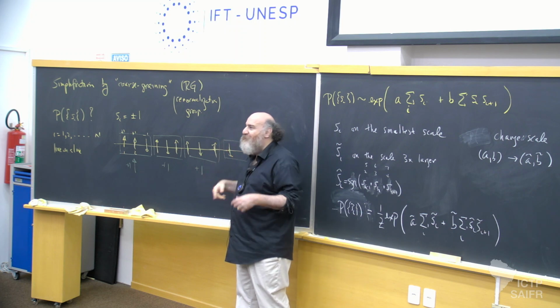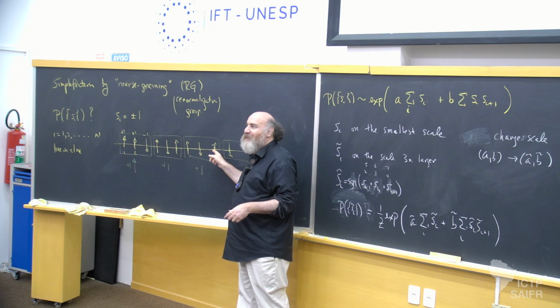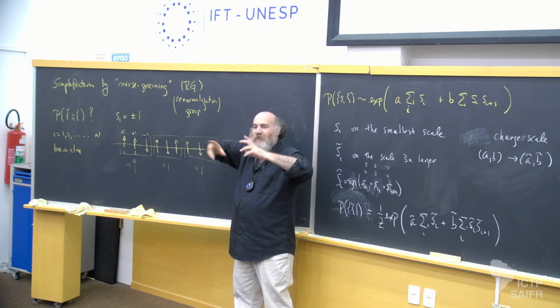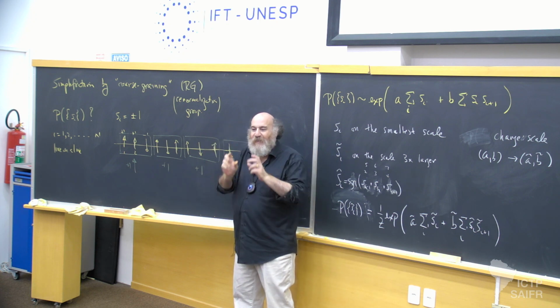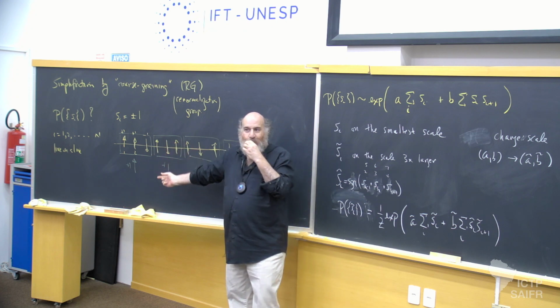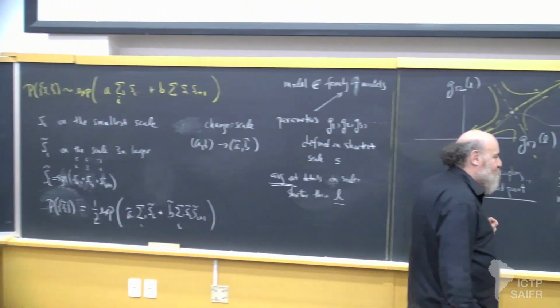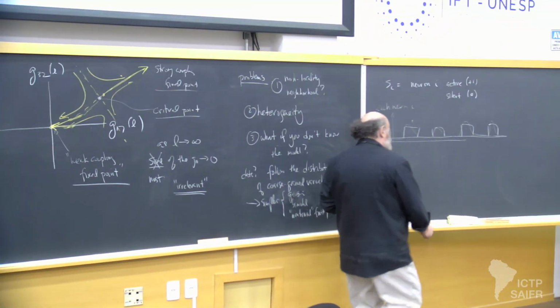If you watch them, next time you look, this guy might be up, this guy might be down. But if you watch over a long time, or if you see many, many configurations, the things that are strongly correlated are the ones that are close together.